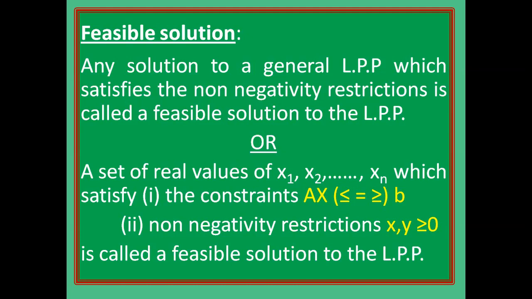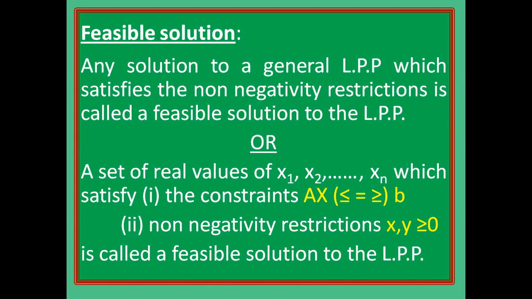In the second definition of feasible solution, it is given point wise clearly. First point, that it has to satisfy it in the sense x1, x2, so on up to xn, the real values, has to satisfy all the constraints. And then in second point, non-negativity restriction also it has to satisfy. We have written here x comma y greater than or equal to 0 by thinking only two-dimensional decision variables.